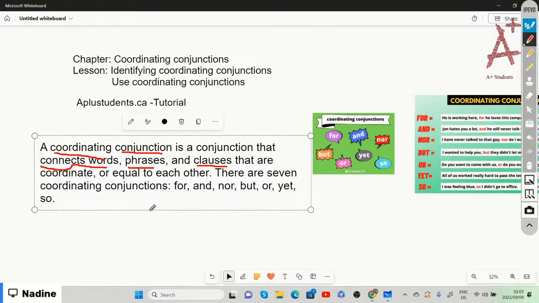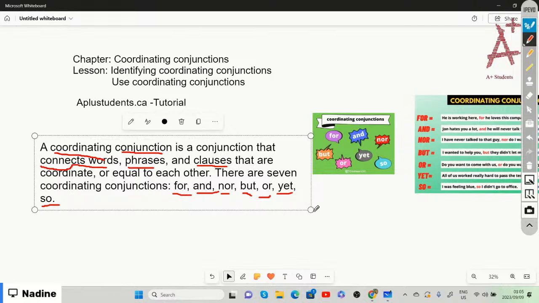Then we have 7 coordinating conjunctions, right? And the coordinating conjunctions are for, and, nor, but, or, yet, so. Most times when it comes to coordinating conjunctions, we do not even use all 7.